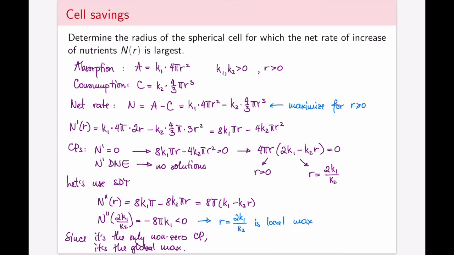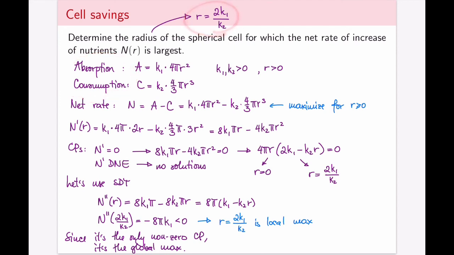Okay, so we actually found that the radius for which it's the greatest is equal to 2 times the proportionality constant that was applied to the absorption divided by the proportionality constant that helped us put together the consumption. This is the radius of the cell when the rate of increase of the difference between the absorption and consumption is actually the biggest.